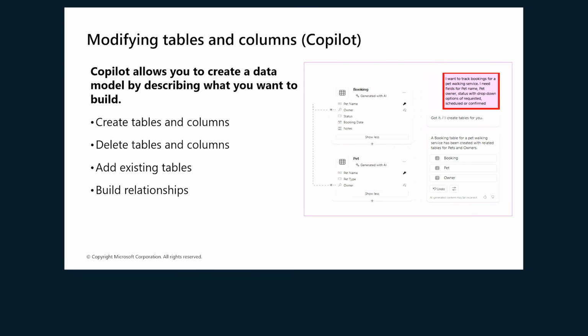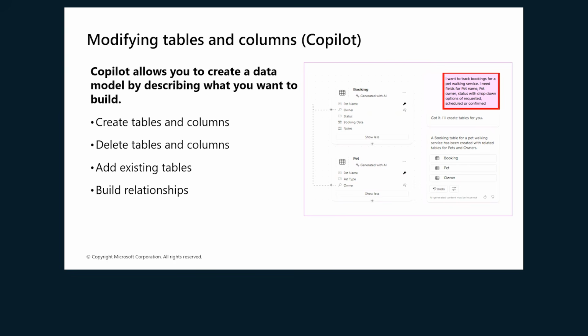For example, a user might say, "I want to track bookings for a pet walking service," and Copilot will generate a booking table with fields like the pet's name, booking date, status, and notes, along with related tables for owner and pet. This functionality is especially beneficial for users with limited technical expertise, enabling them to build structured data models without writing code or navigating complex interfaces.